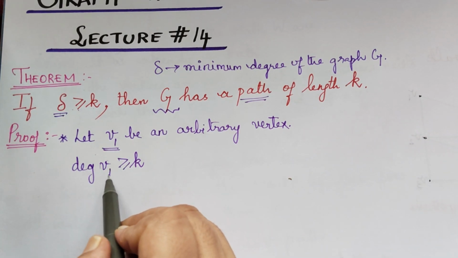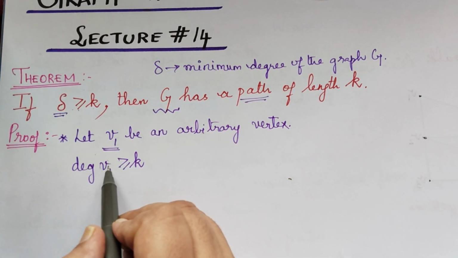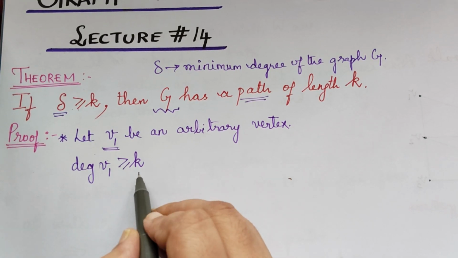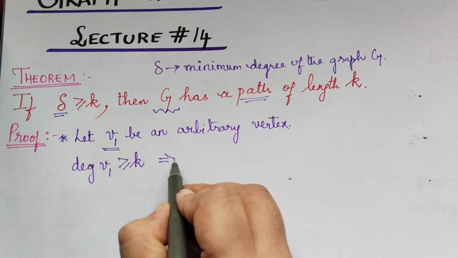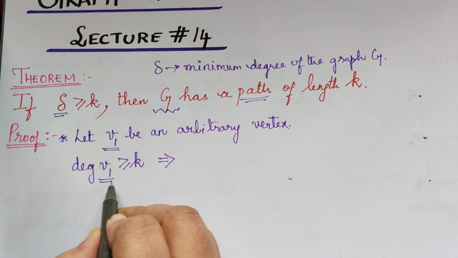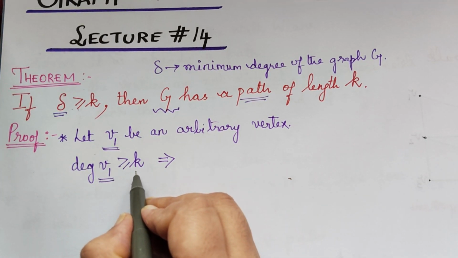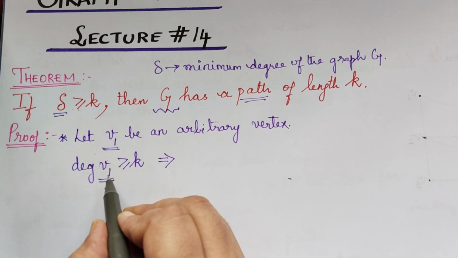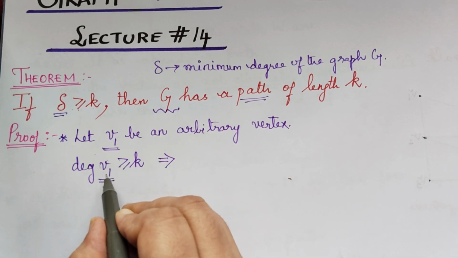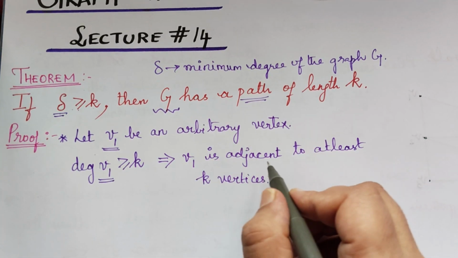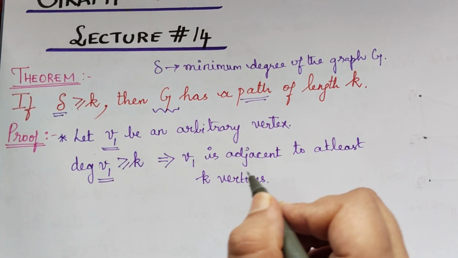So the degree of V1 will be greater than or equal to k. And what does this imply? V1 is adjacent to at least k vertices. The words at least mean here that it can have k vertices adjacent to it or more than that. So V1 is adjacent to at least k vertices.